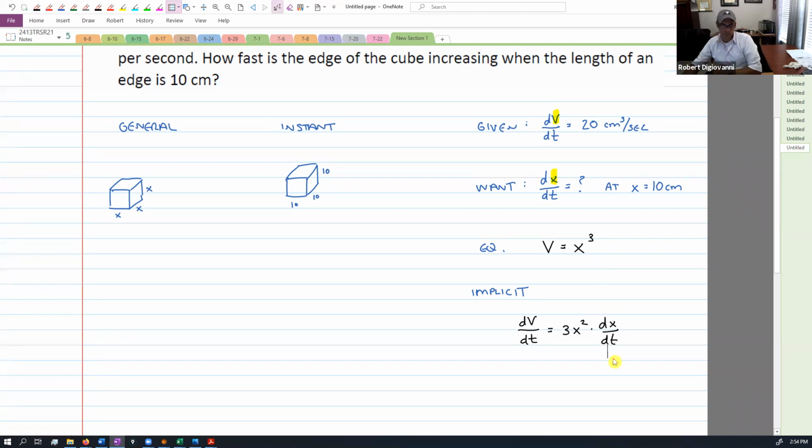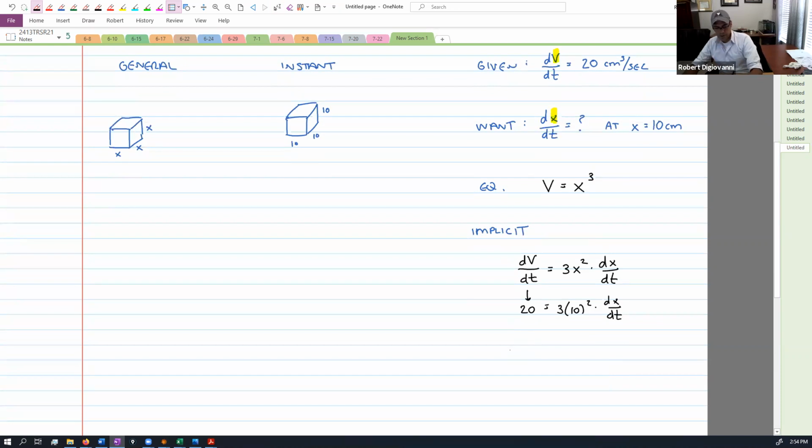Chain rule, right. And now this is going to turn into 20. x is going to turn into 10. And dx/dt is what I'm looking for. So this is going to be 20 equals 300 dx/dt. Divide both sides by 300, you just get 2 over 30 is dx/dt.